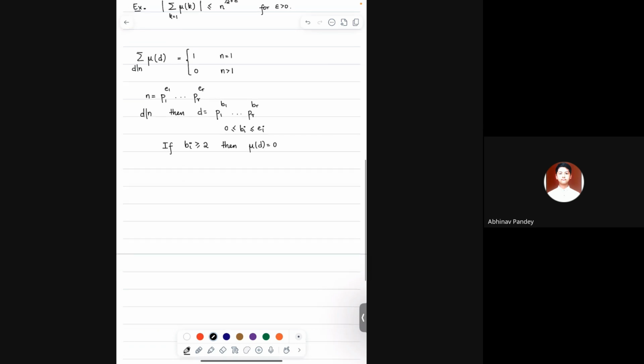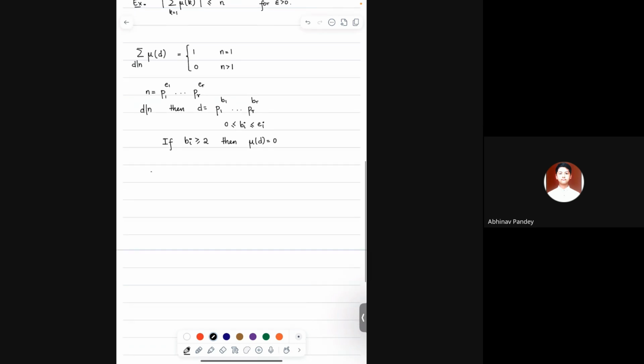So now let me just write down what is the summation of mu(d). The sum over all divisors of the function mu(d) is going to be r many sums. I'm just writing it down as one big sum over b_1 up to b_r of mu(p_1^b_1 up to p_r^b_r).